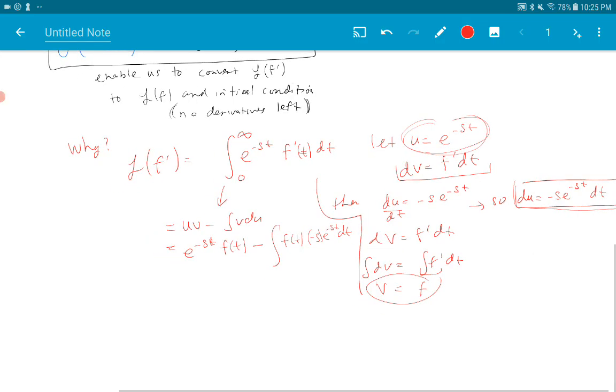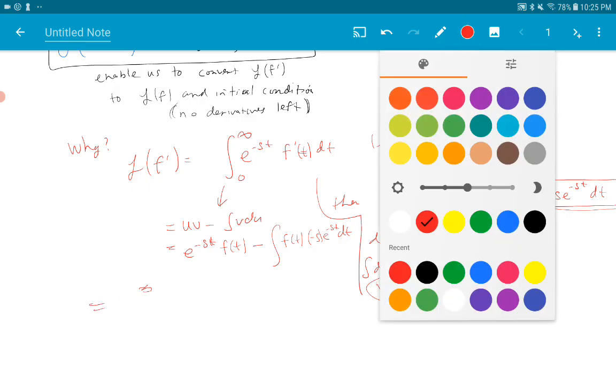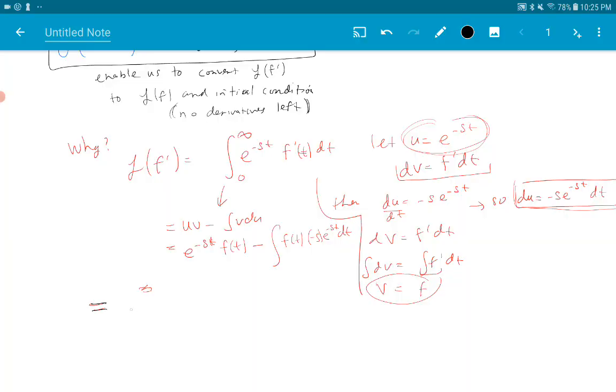So let's work on this. We still have limits of integration from 0. So let me rewrite this. Let me switch to a darker color so you can see it a little better. This will be e to the negative st f of t minus, let's just bring this negative s out to the front, actually.